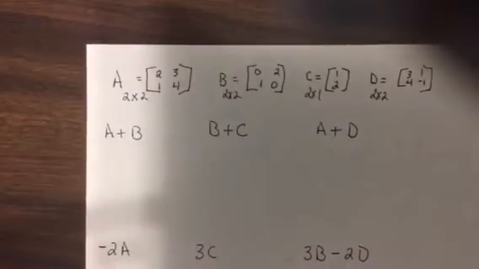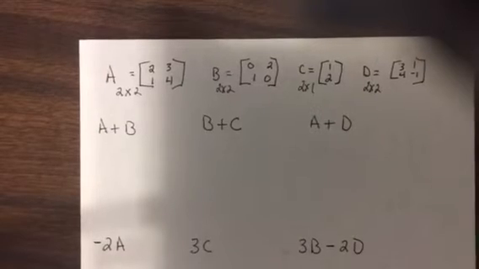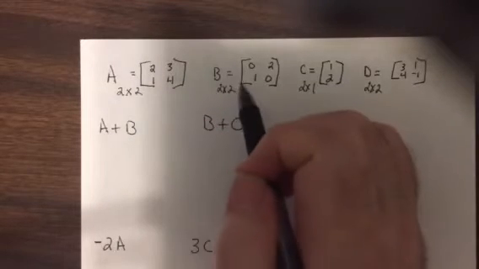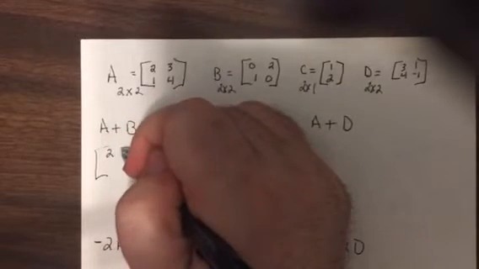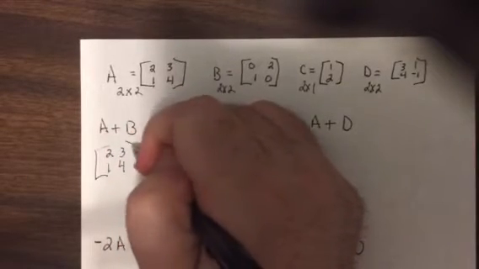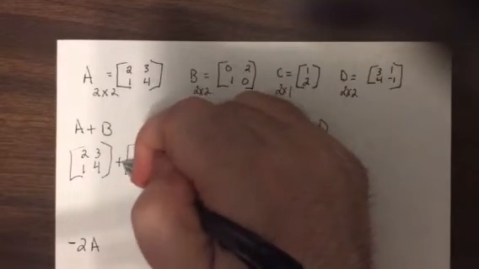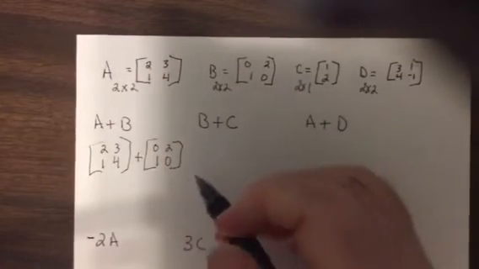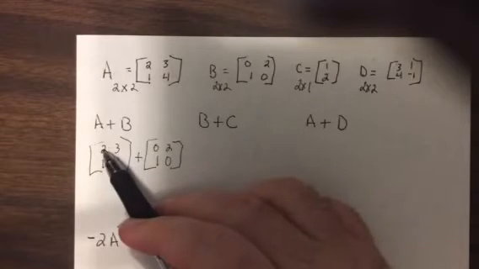So let's start off. How do you add matrices? Well, first, you can only add if they have the exact same dimensions. So I can add A to B. So if you want 2, 3, 1, 4, and 0, 2, 1, 0. So now you just add the ones in the exact same space.